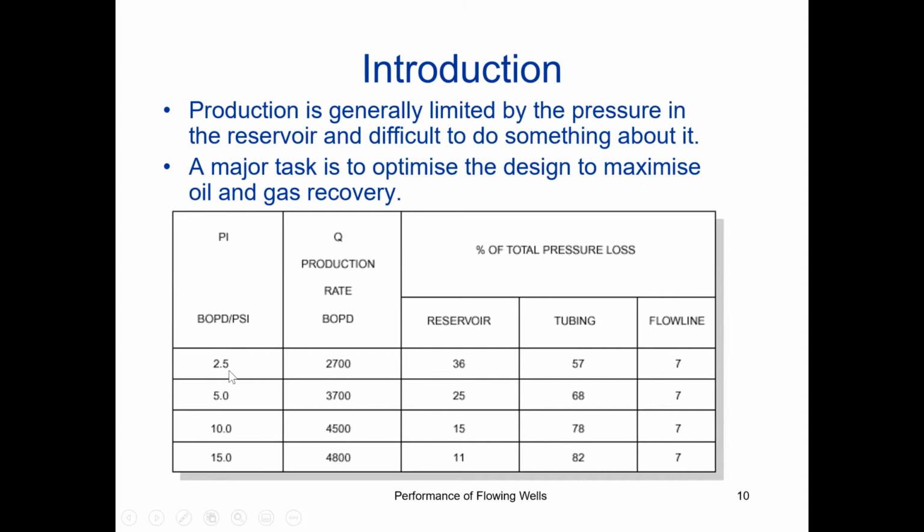If productivity index is low, you see that in reservoir we lose a lot of pressure, and in tubing, quite a lot. As the productivity index increases, the loss in reservoir is reduced, but more overall percentage of pressure is lost in the tube.